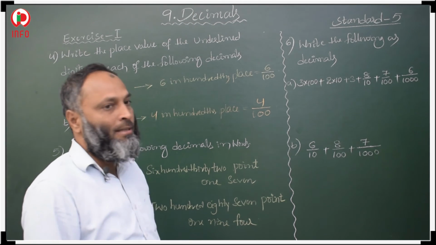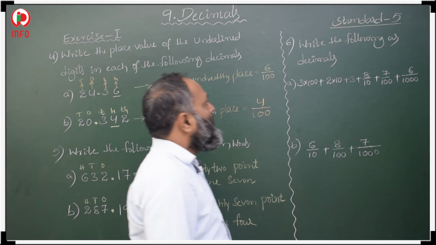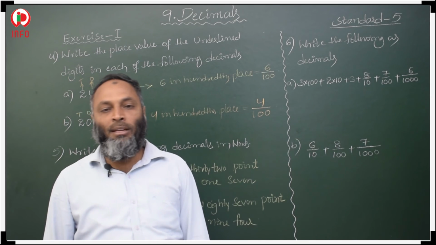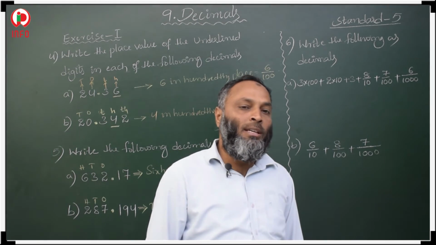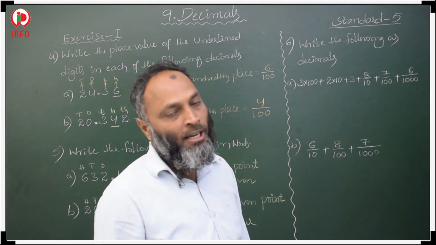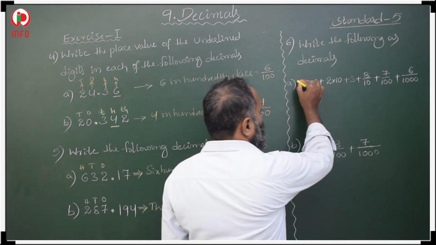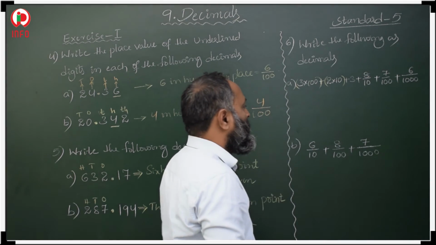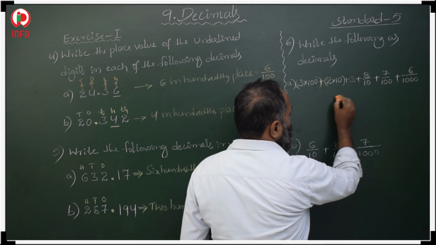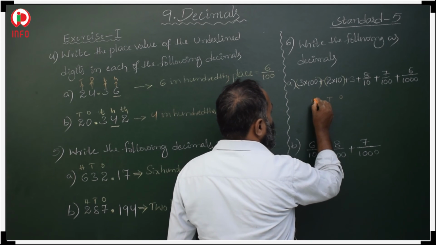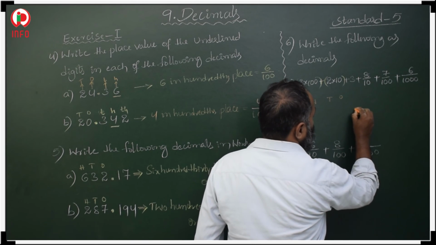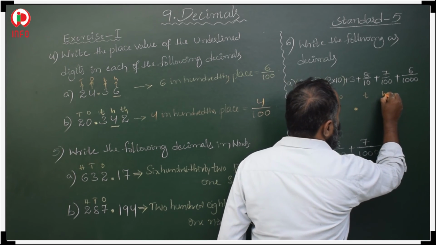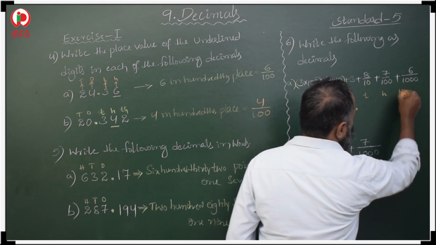Next question: write the following as decimal. Here the decimal numbers are given in expanded form. When expanded form is already given, how to convert to decimal form? Here 3 into 100, 2 into 10 and 3 into 1. First ones place, tens place and hundreds place, then after that the point will come, then tenths place, hundredths place and thousandths place.